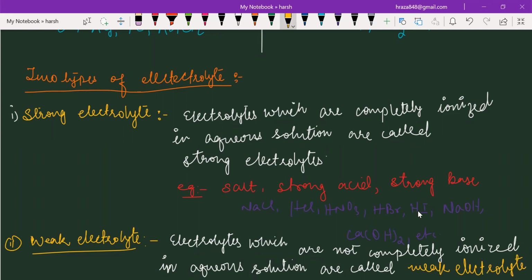Basically, generally, organic acids and organic bases are weak electrolytes.